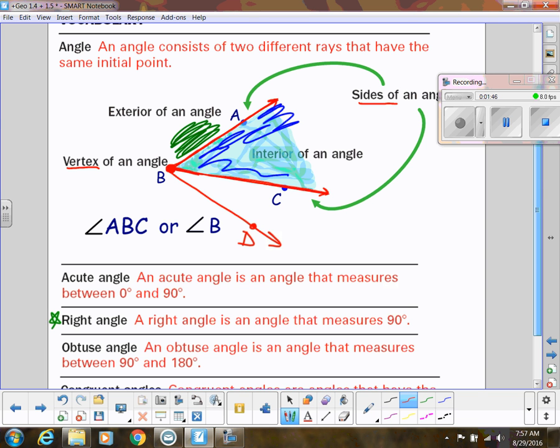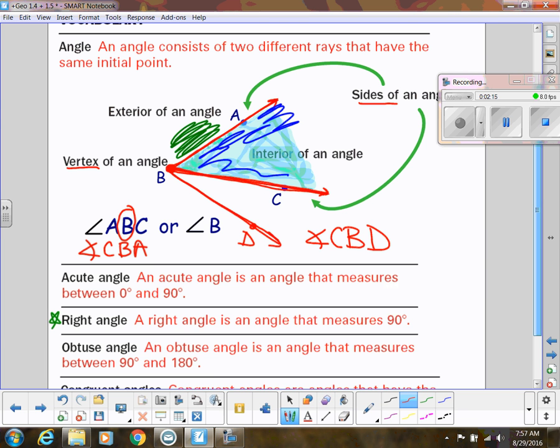When we use 3 letters, the vertex has to be the middle letter. So for example, if I was talking about that original one, that would be angle ABC. Now I could also name that CBA, and that would be the same angle. So when I have this more complex diagram, I might be talking about angle CBD, and that would specify to you that I'm talking about this very small bottom angle.